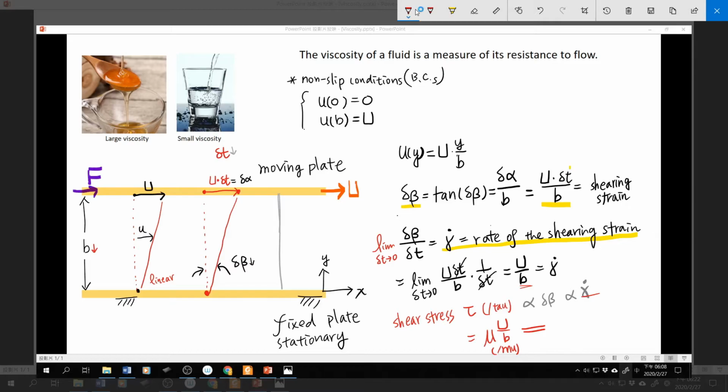So if the change of the flow velocity is not linear, then we should write it as du/dy. We want to know the change in velocity along the y-axis, right? So this is the main relationship between the shearing stress, viscosity, flow velocity, and your position.